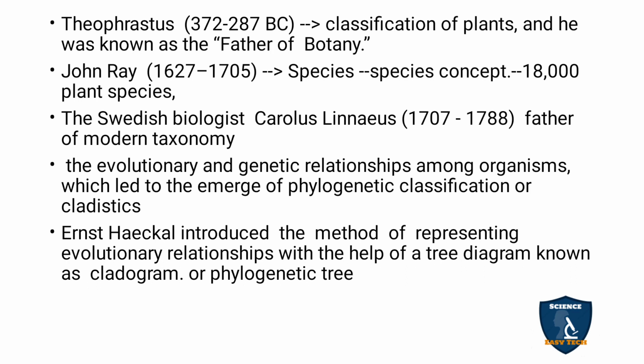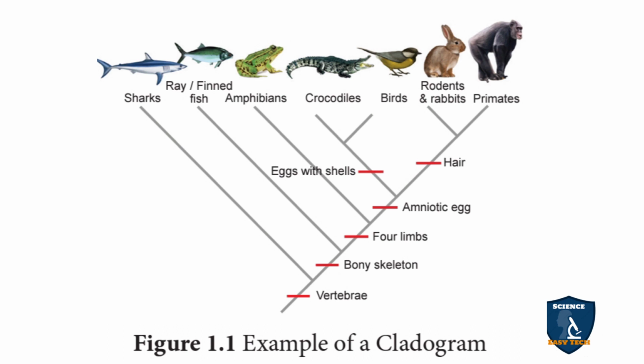For that only, Ernest Haeckel used the method of representing evolutionary relationship using a tree diagram, a cladogram or a phylogenetic tree, for easy understanding, okay. So this is the tree diagram, the cladogram, based on the vertebrates.